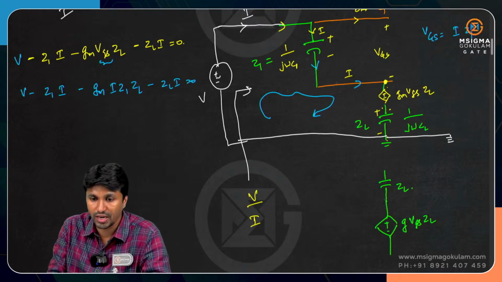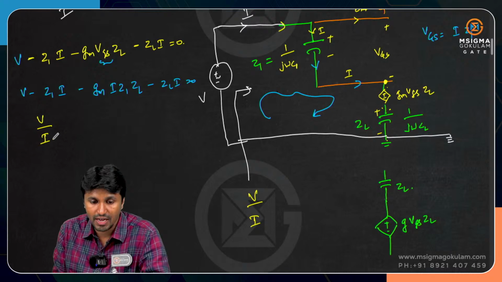So from this you can clearly see that V by I is nothing but Z1 plus ZL plus gm Z1 ZL, right?